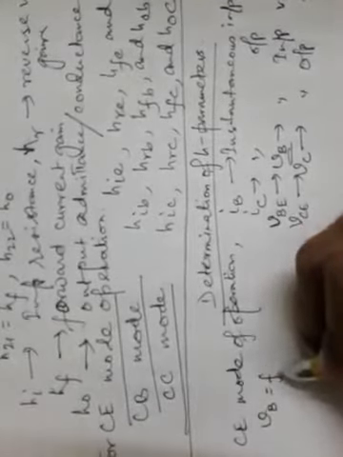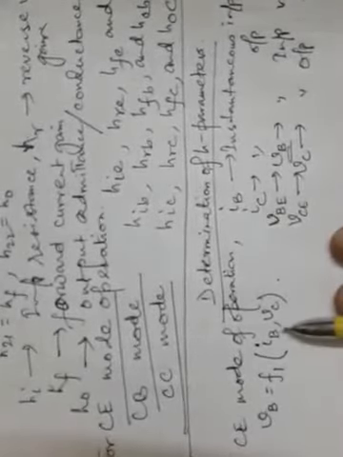Functionally we can say that vB, that means the input voltage, is a function, let us define it as function 1, of iB and vC. That means the instantaneous input voltage is a function of instantaneous input current and instantaneous output voltage.